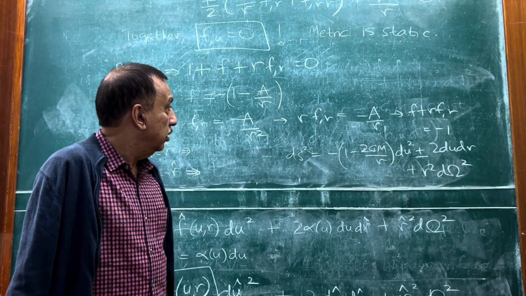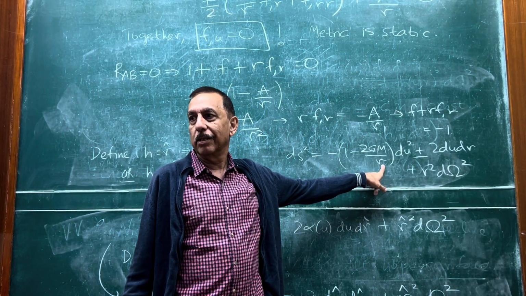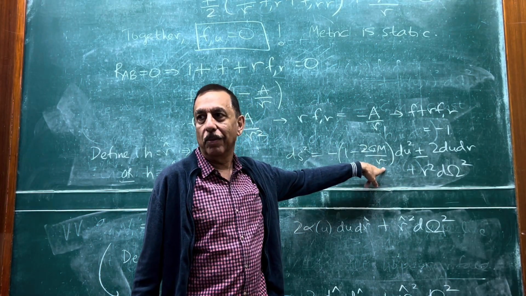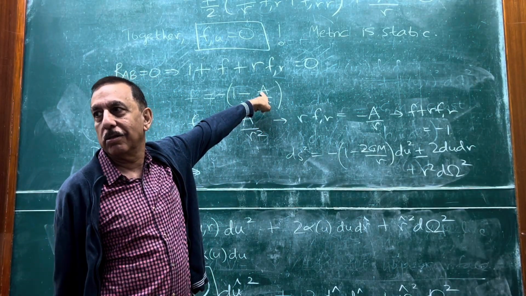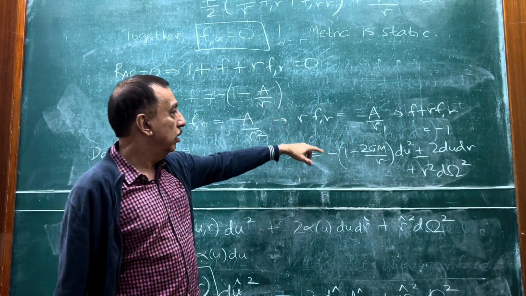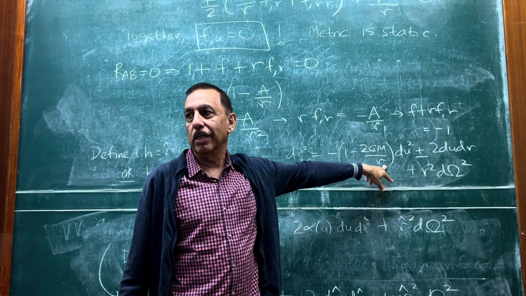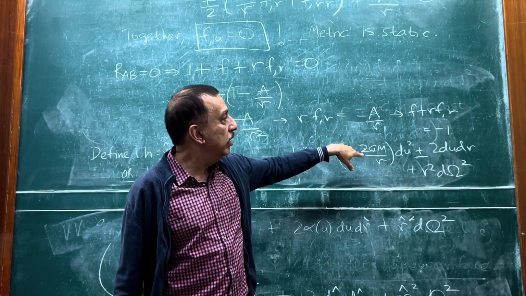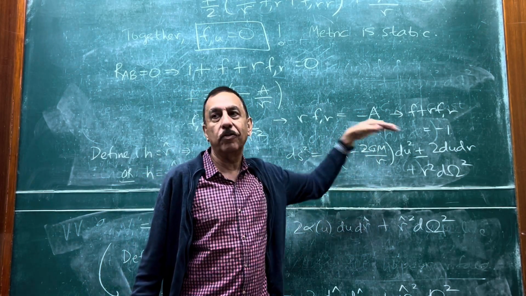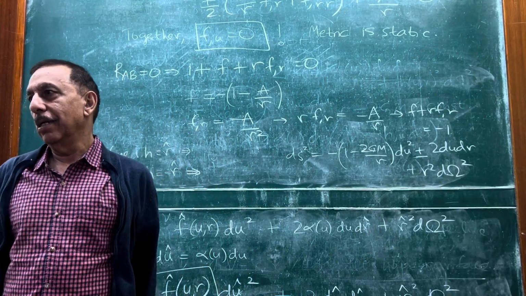Remember that this one was never h. You're never going to get 1 plus 2GM by r. Of course, you have 1 minus a by r, and a as an integration constant could be anything. But my point is that there's no twofold ambiguity in this sign, because this was obtained by solving the Einstein equations after writing the metric in the form of the new r hat.